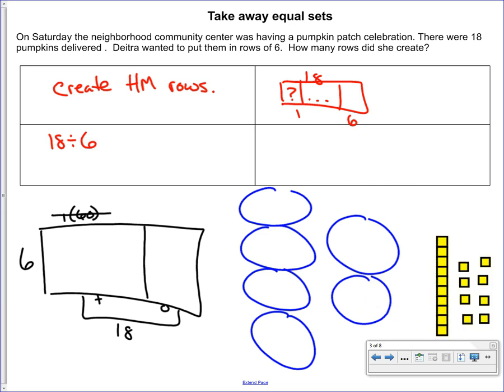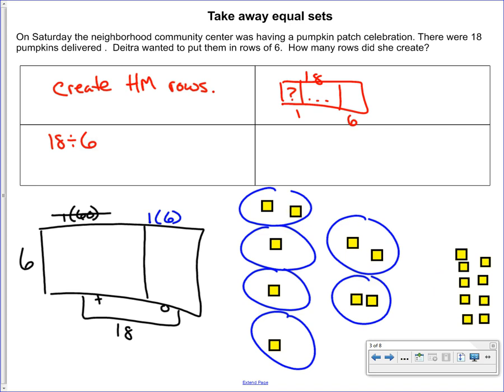So now I've got a bunch of singles here, all by themselves. We're going to do the same thing. Put 1 in each one of these groups. When I put 1 in each of the groups, I use 6. When I put 2 in each group, I use 12.